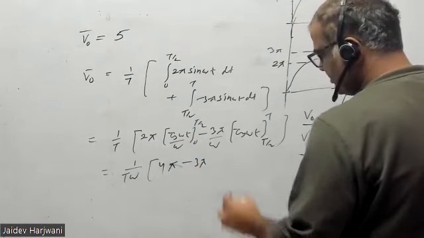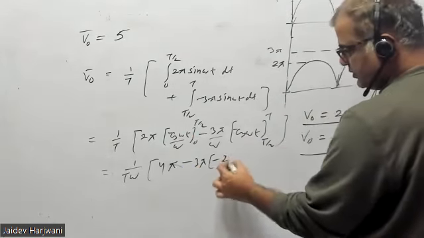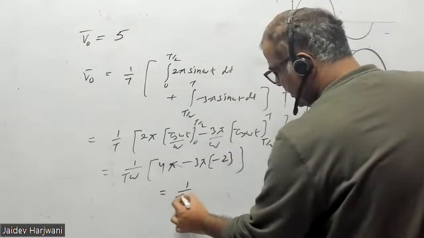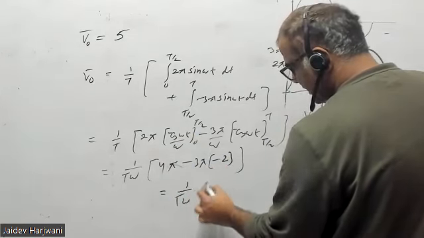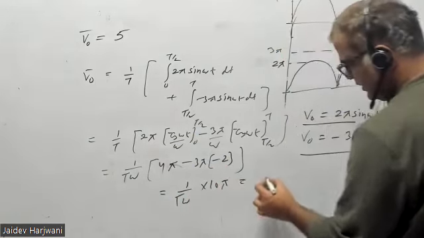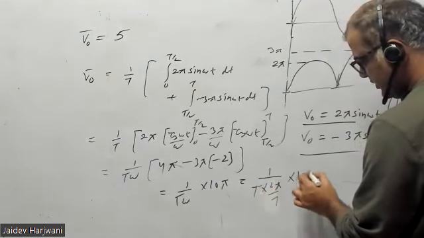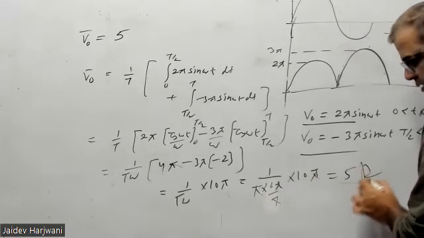So how much will come to this one? 1 upon T omega, this becomes 10 pi. 6 by 10 pi. Yes sir. 1 by T, 2 pi upon T to 10 pi, 5 by 10, 5. The answer is 5.